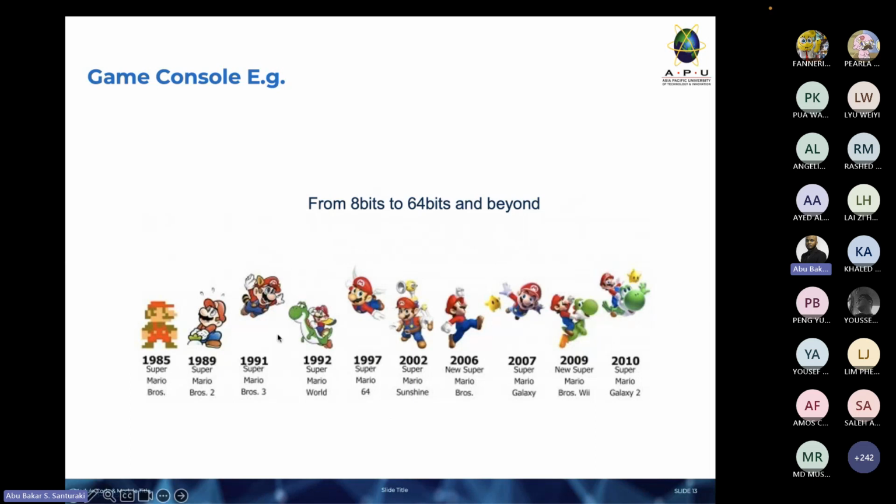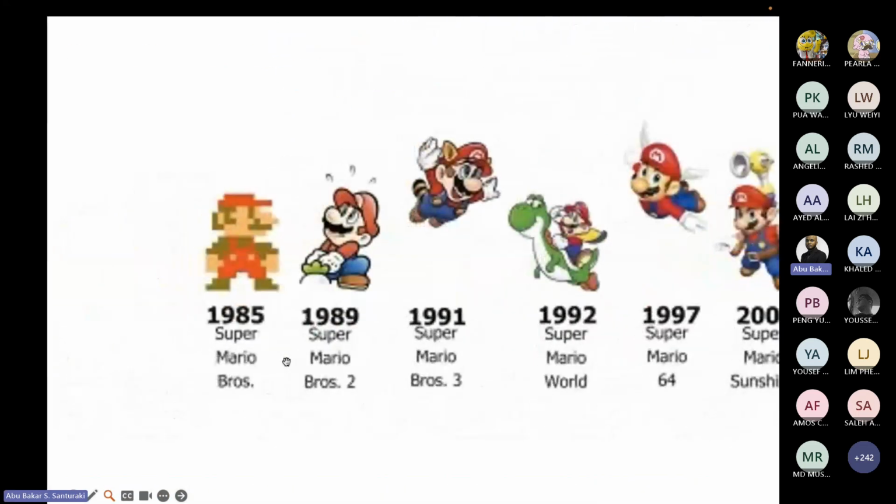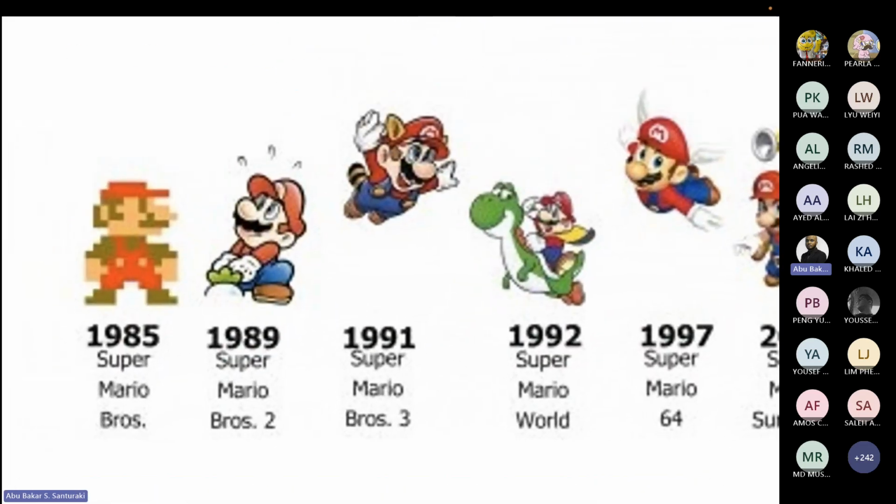you can actually represent. So here I have an example of Super Mario. It's a game that is basically rendered on a computer. The first Nintendo system that ran Mario was an 8-bit computer. Using the 8-bit system, this is the detail of graphics we were able to do from 1985 to 1991.